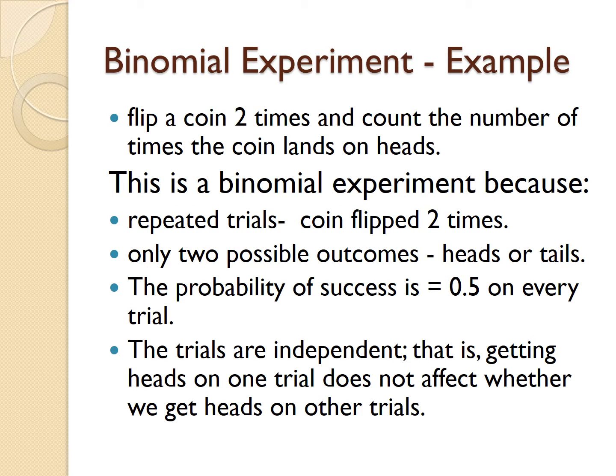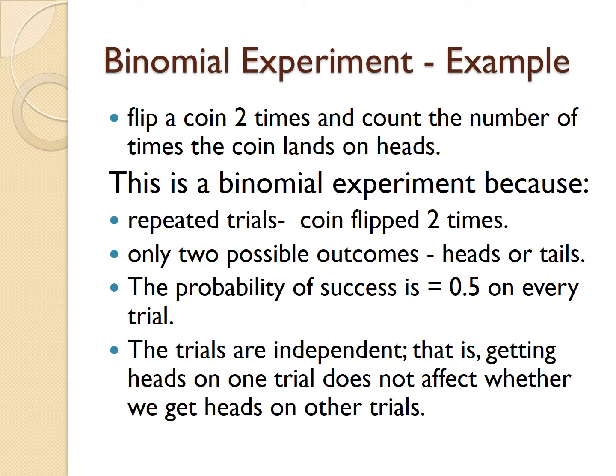For example, flipping a coin twice and counting the number of times the coin lands on heads is a binomial experiment. First, it's a repeated trial as we flip the coin twice. Second, it has only 2 possible outcomes, heads or tails.